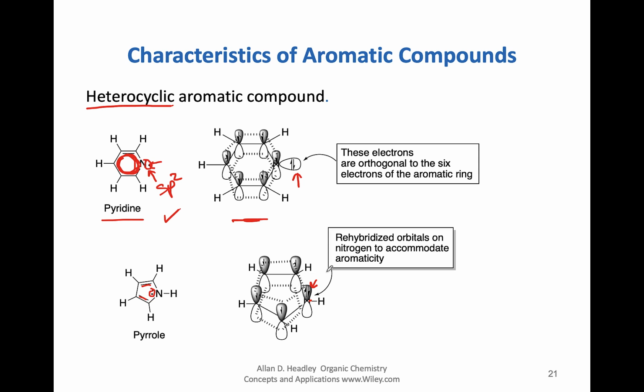Let me say that again. This nitrogen rehybridizes to be sp2, which has a p orbital with 2 electrons. So we now have 2, 3, 4, 5, and 6 electrons in conjugation that can circulate above and below the ring. Therefore this molecule is aromatic.